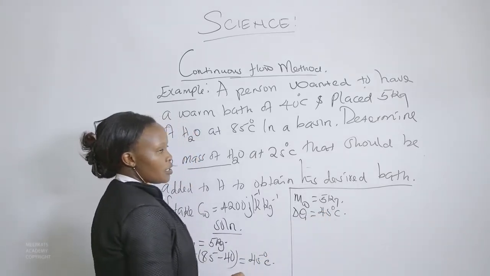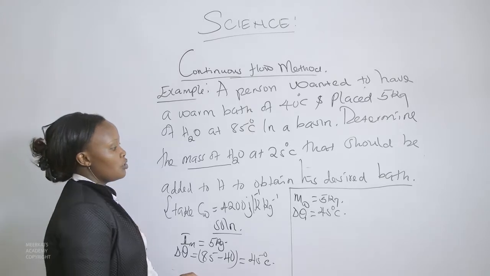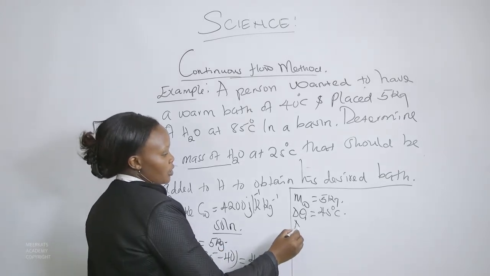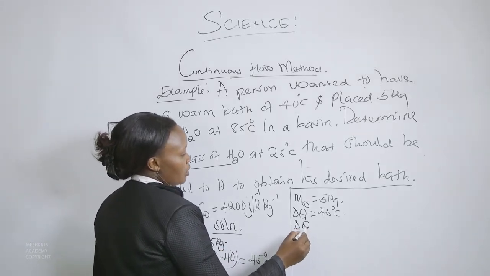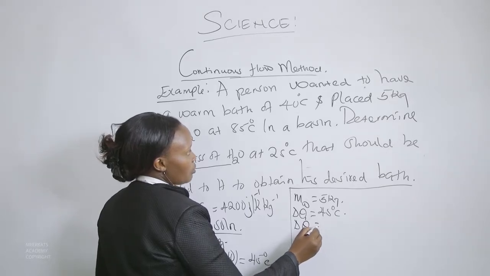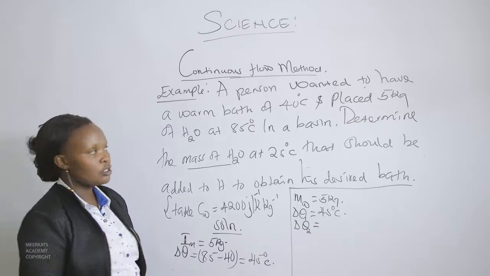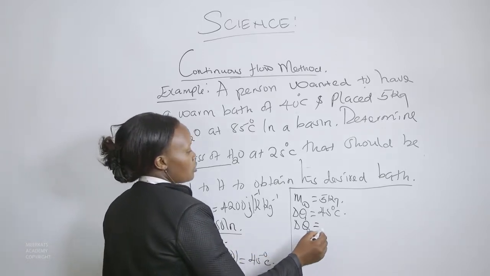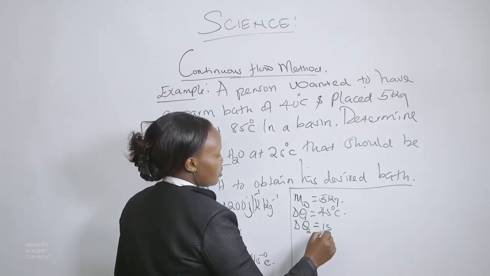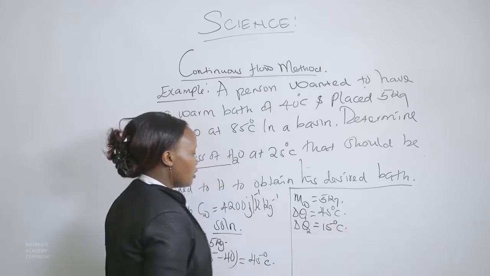That is the first 5 kgs of water. The second mass of water, which you are supposed to determine, should have its temperature change from 25 to 40, so it should change by 15 degrees centigrade.